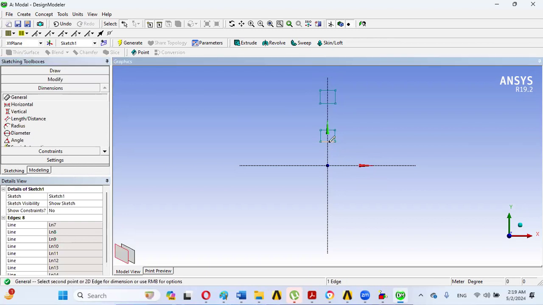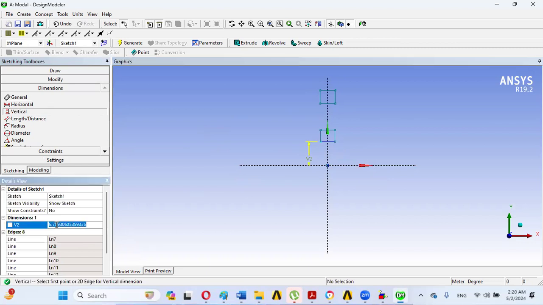Here we can use the vertical dimension between this line and this line, which is 6, so we can make it 1, so that the length of each spring can be assumed to be 1 meter. The dimensions for these cubes will now be made.